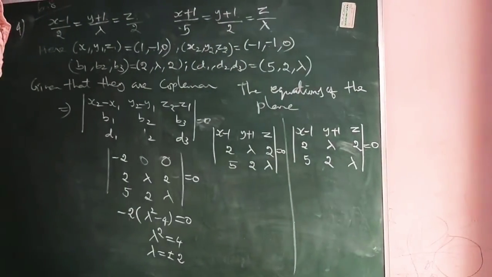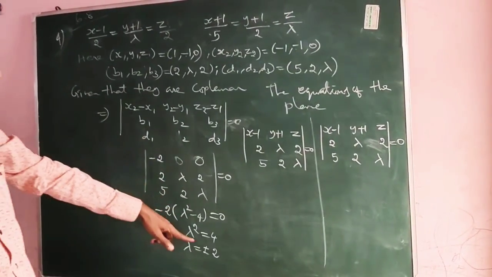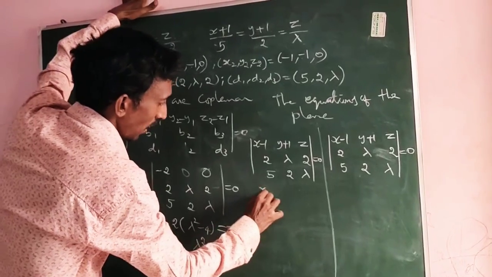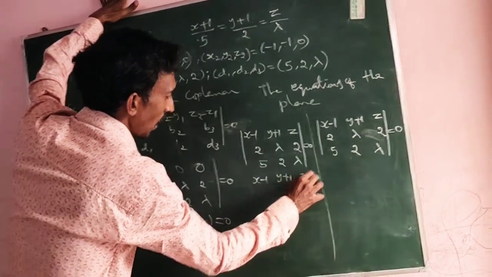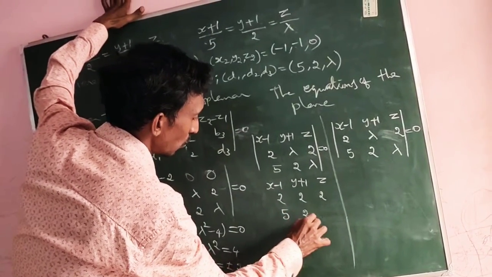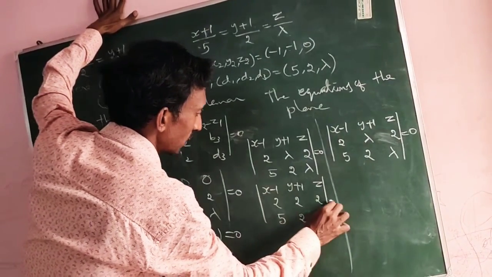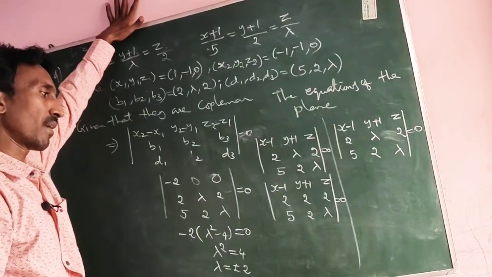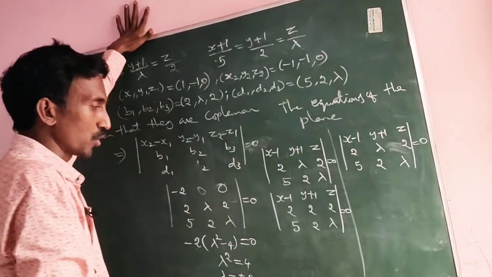So here if you put plus 2 first, what we get: x minus 1, y plus 1, z, 2 2 2, 5 2 lambda, which is equal to 0. So expand with respect to the first row as usual.